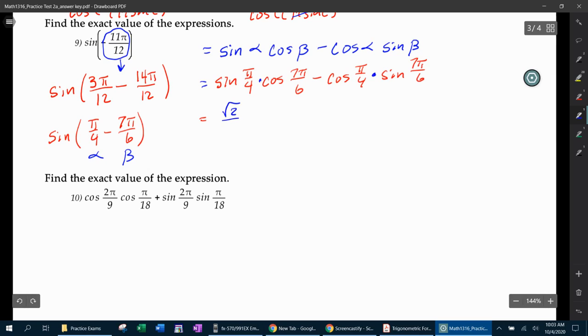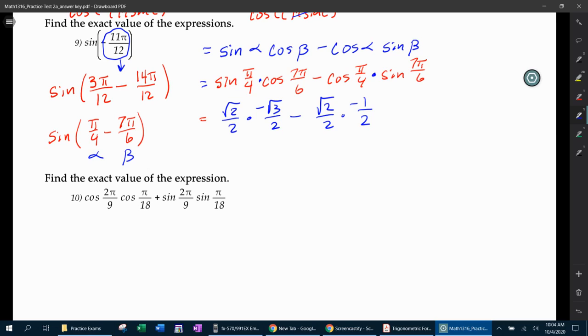That's going to be square root of 2 over 2 at pi over 4. And at 7 pi over 6, we need the x. That is negative square root of 3 over 2 minus cosine at pi over 4, square root of 2 over 2, sine, which is y, at 7 pi over 6 is negative half.